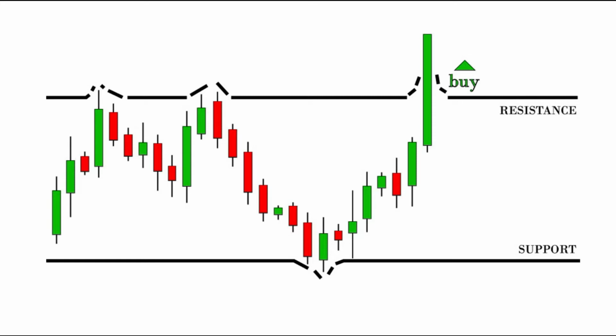Only after you see that the candle is closed and has a great body, the big candle, can you enter the trade, and you are 100% sure that the resistance level is broken now.